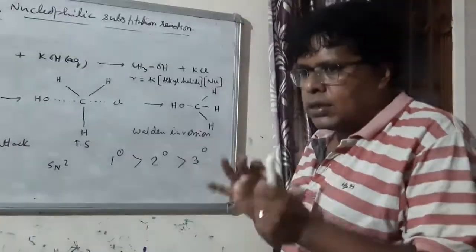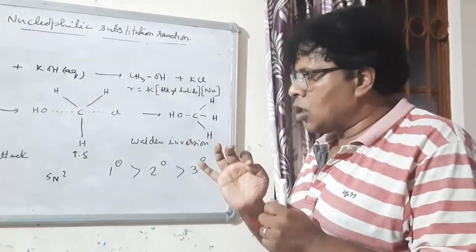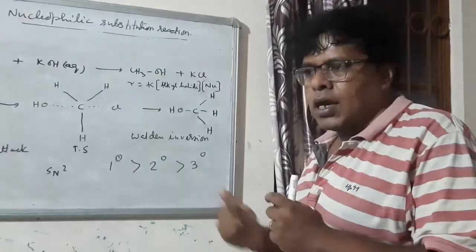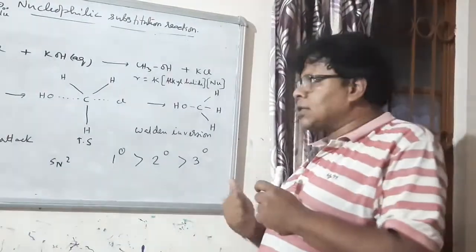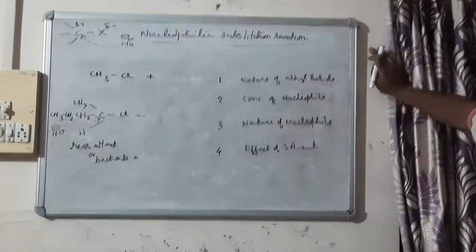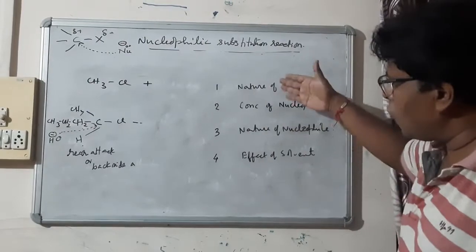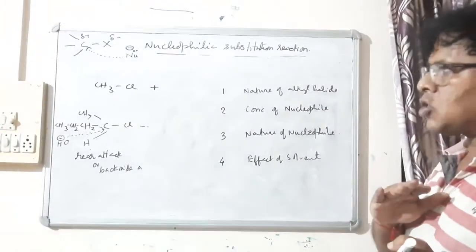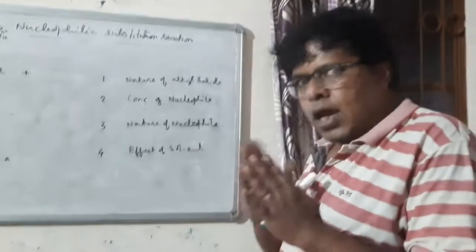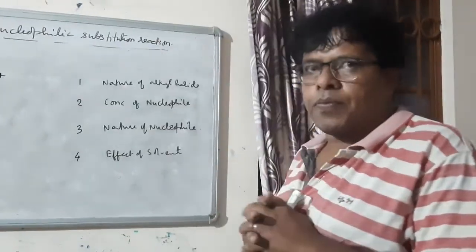Now let me quickly tell you the factors which facilitate SN1 or SN2. These are the four factors which determine whether the reaction will follow the SN1 pathway or the SN2 pathway.